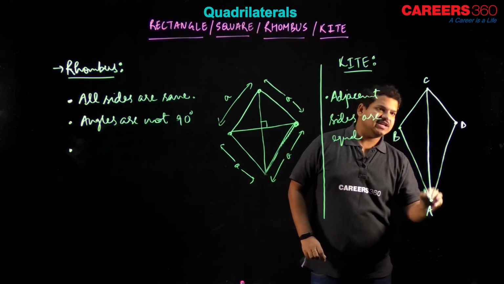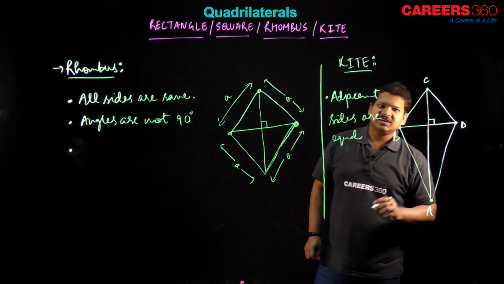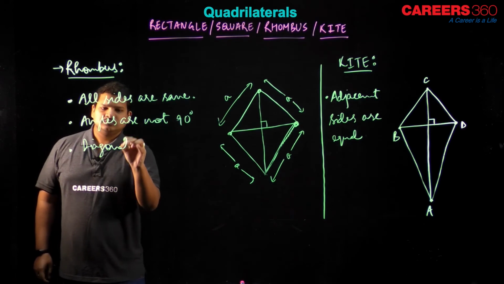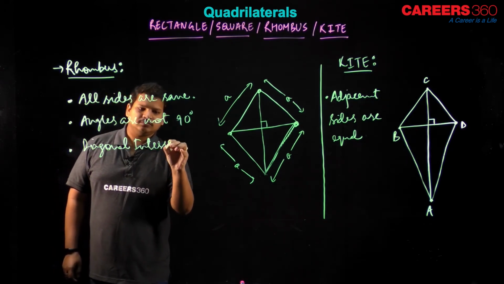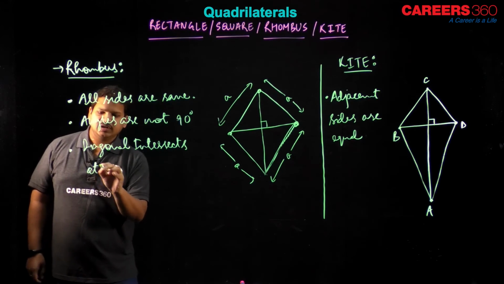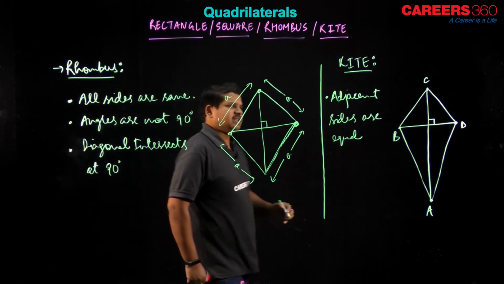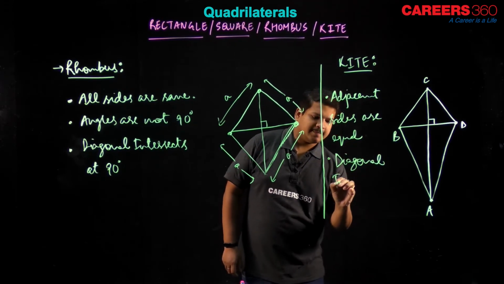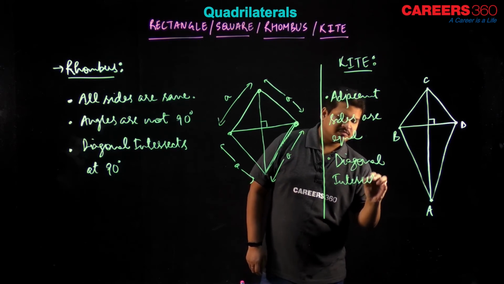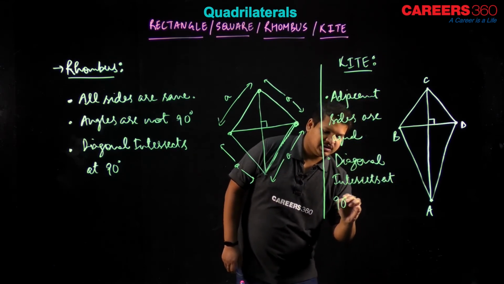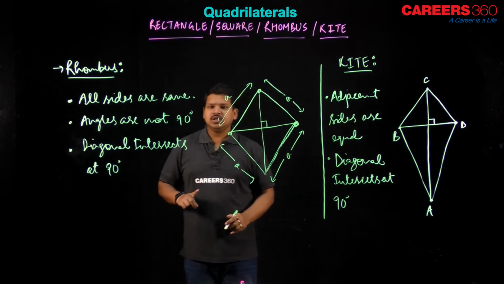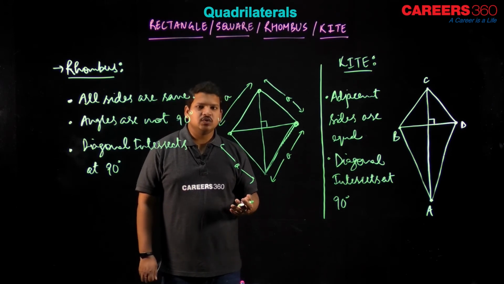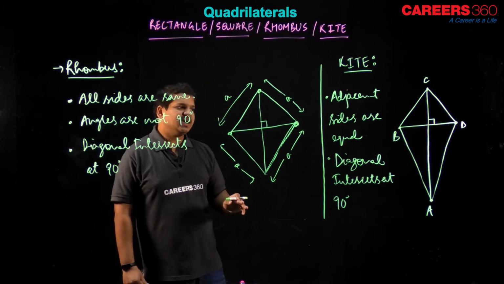In kite as well as in rhombus, the diagonals intersect at 90 degrees. And you know what, this diagonal property is common in square as well, right? In square also the diagonals intersect each other at 90 degrees.